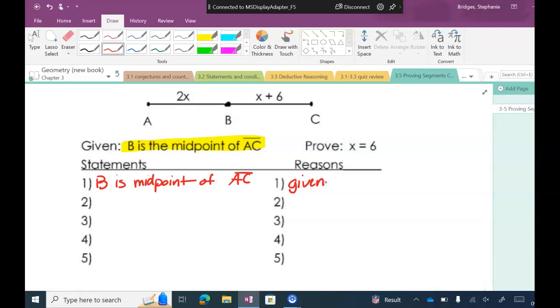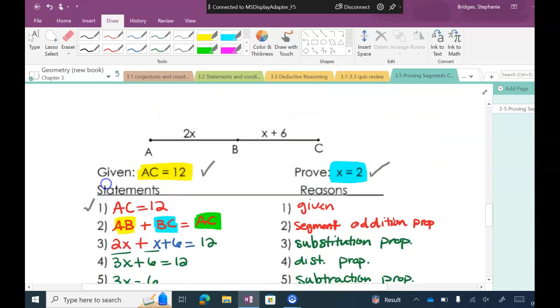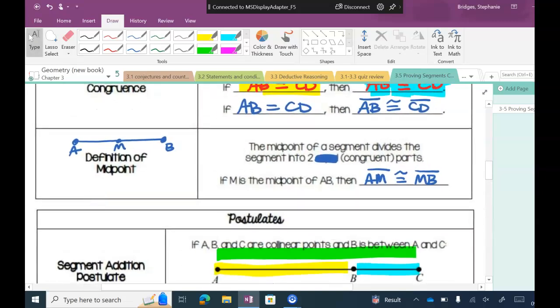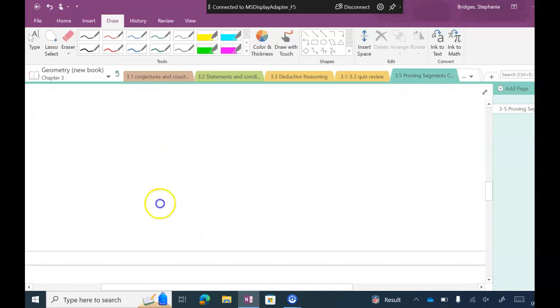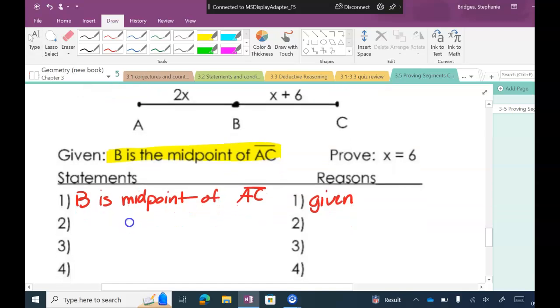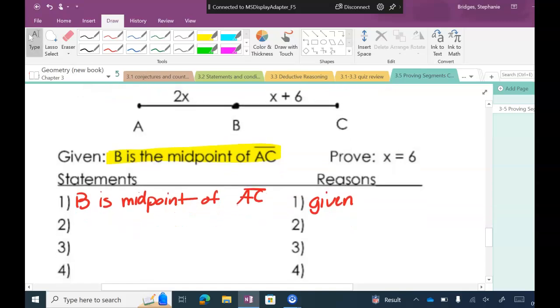Everybody ready? Okay. Now, it says something about midpoint, so let me scroll back. The definition of midpoint says it divides a segment into two what? Congruent parts. So guess what I'm going to name right now? Perfect.